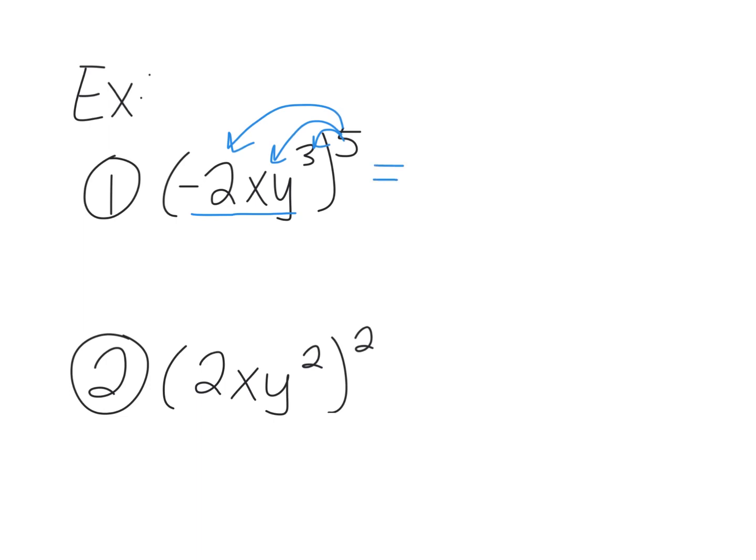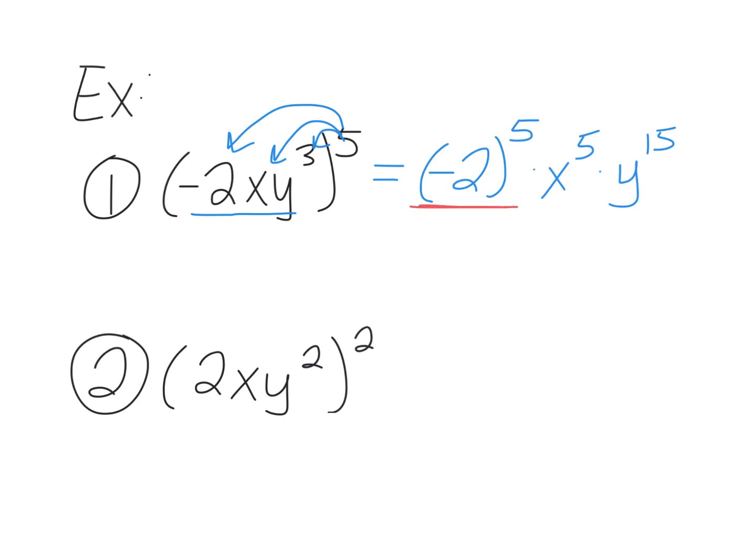So if I do this, I get -2 to the 5th power. And then I get times x to what power? 5th, good. And then y, what does y get changed to? Think power of a power. 15, yep. Y to the 15th. Now, whenever you have an actual number raised to a power, you want to figure out what that is.